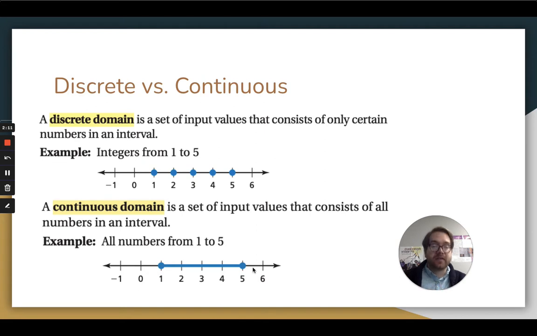It's all together. It's an unbroken stream of numbers. Again, that's different from discrete, where they're individual or separate, kind of broken up, their own little slots or boxes, but continuous is all together.